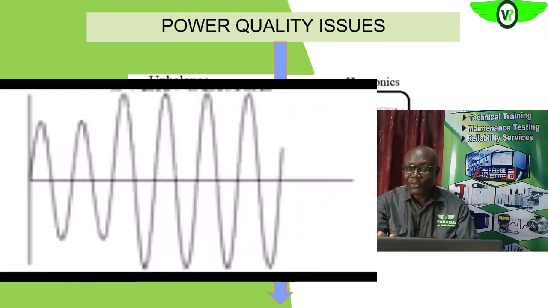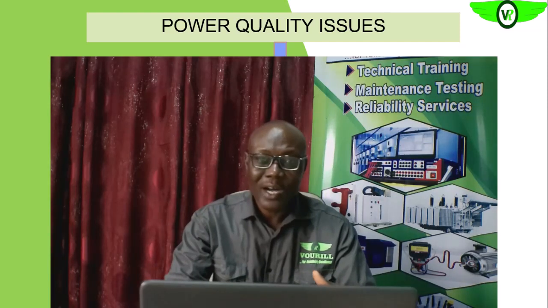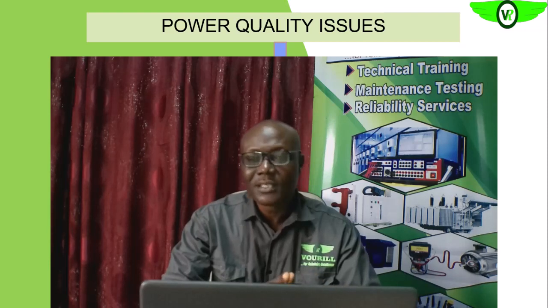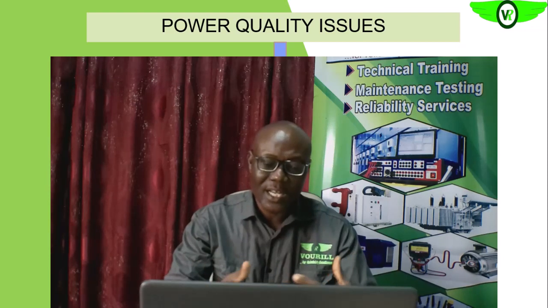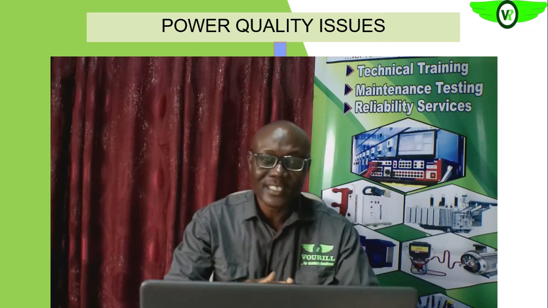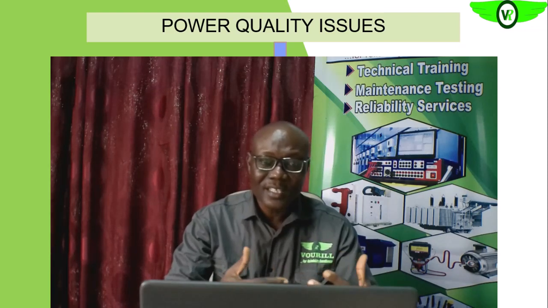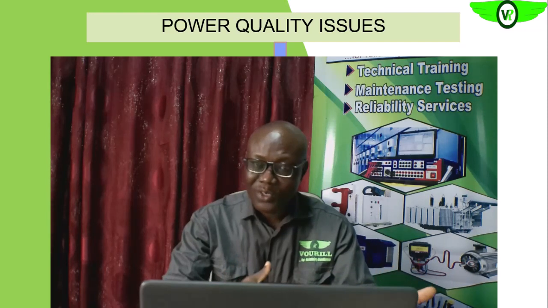So such over voltage is also not good for our system. Are we getting it? It's not good for our system because it has the tendency of increasing the losses also.